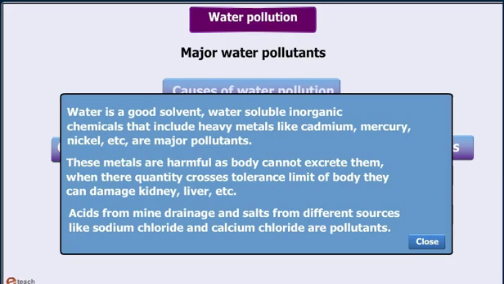When their quantity crosses the tolerance limit of the body, they can damage the kidney, liver, etc. Acids from mine drainage and salts from different sources like sodium chloride and calcium chloride are pollutants.